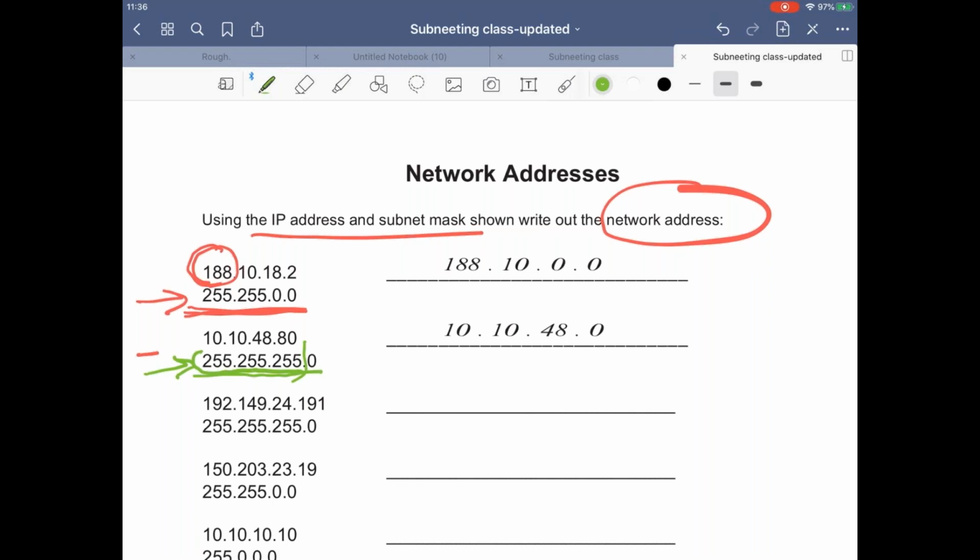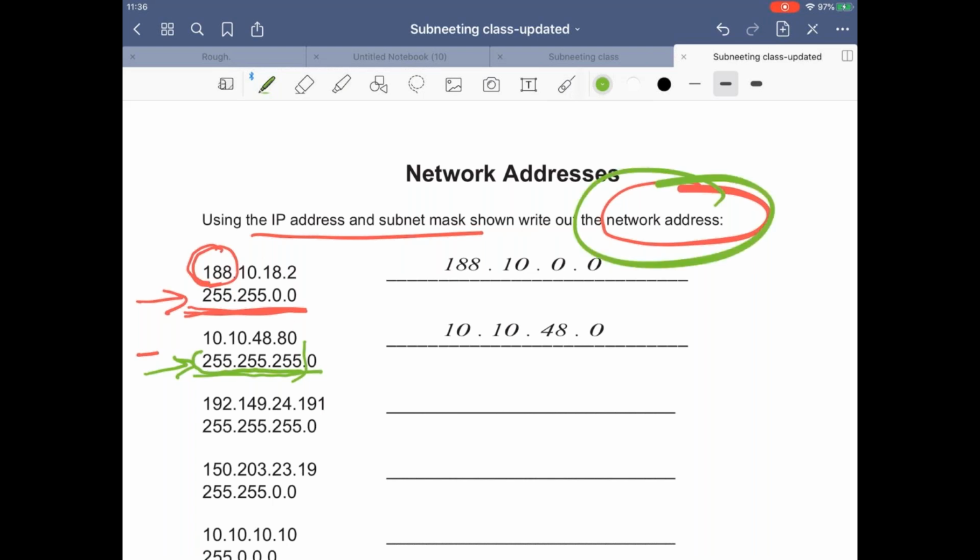There are two scenarios. In one, we have the subnet mask, and in the second, we do not have the subnet mask. If you don't have the subnet mask, then with the help of the first octet, you will find out the class of the IP address. And if we have the subnet mask given in the question, then with the help of the subnet mask, compare the network portion and the host portion, and you will find out the network address.